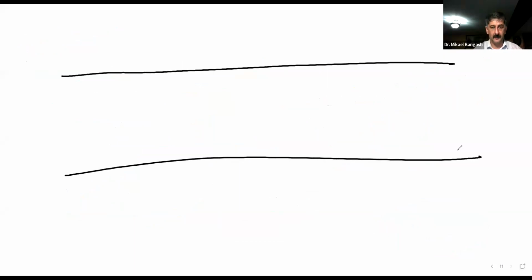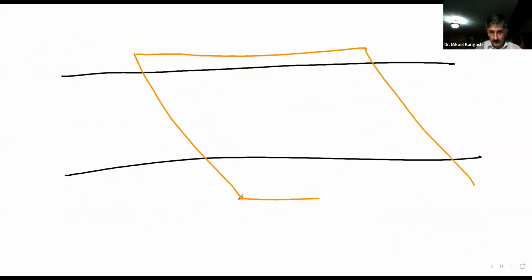So this was your blood vessel. And we may say that this is our box, a steering of a box.